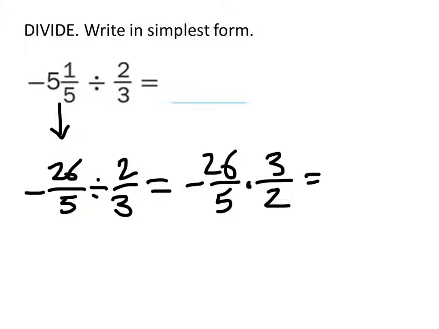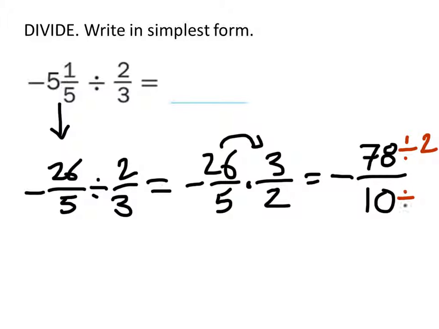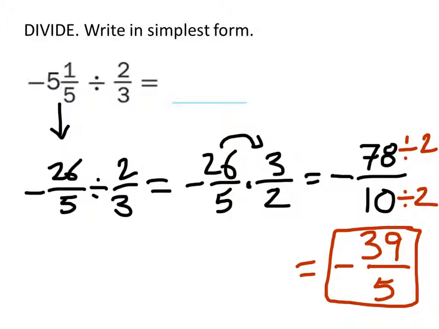If I multiply 26 times 3, of course I have one negative. 26 times 3 is going to give you 78. 5 times 2 is 10. These both can be divided by 2. So that gives me negative 39 over 5, 39 fifths.